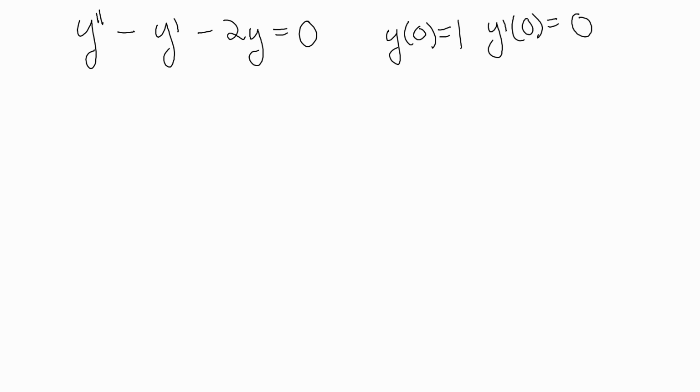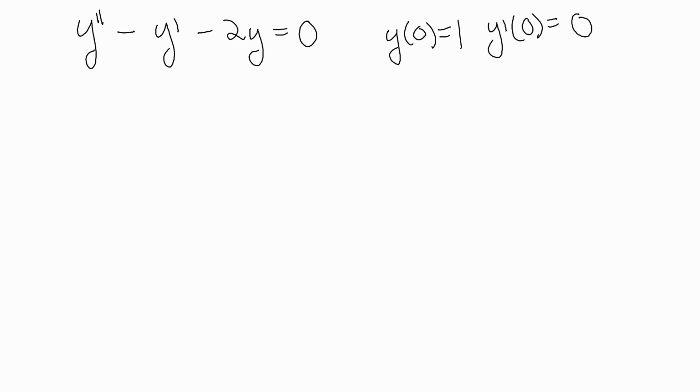From there, you will use partial fraction decomposition to find a series of constants. And once you have those, you can then apply those back to your algebraic equation and use the Laplace transform identities to find y of t.